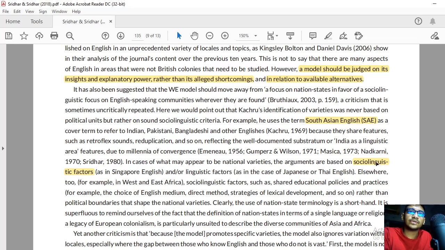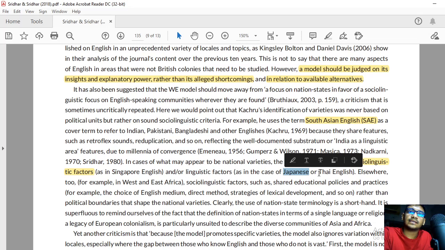So sociolinguistic factors refer to the societal norms, societal rules, and linguistic factors refer to the specific way that language is used, right? So there are a lot of technical things like grammatical, syntactical. So those types of elements are called linguistic factors.